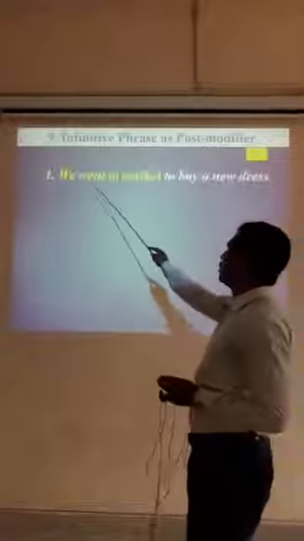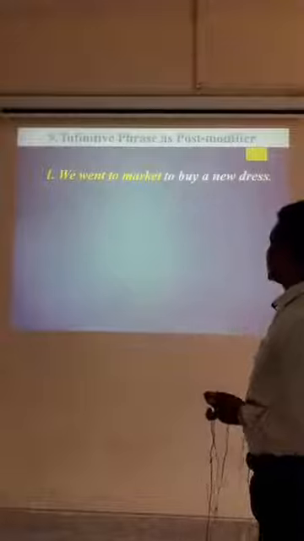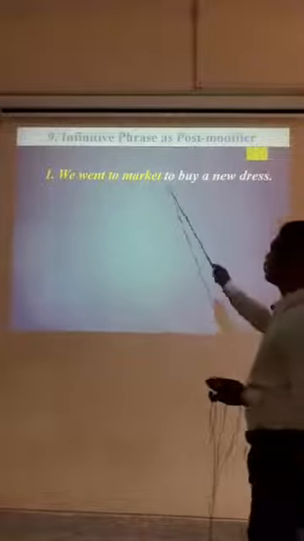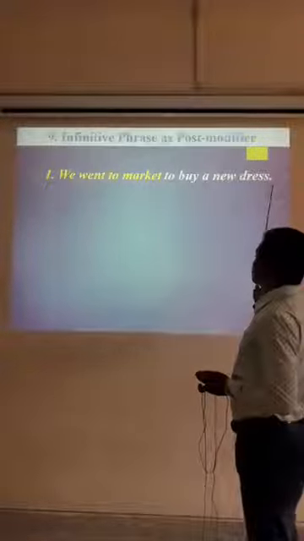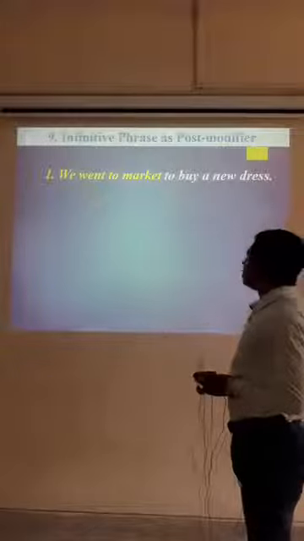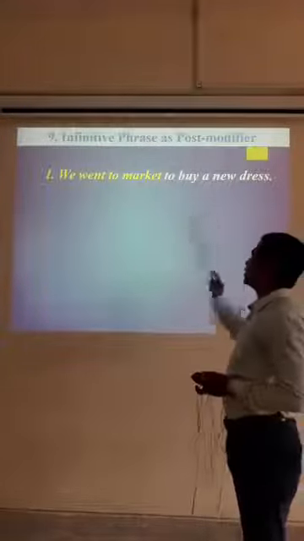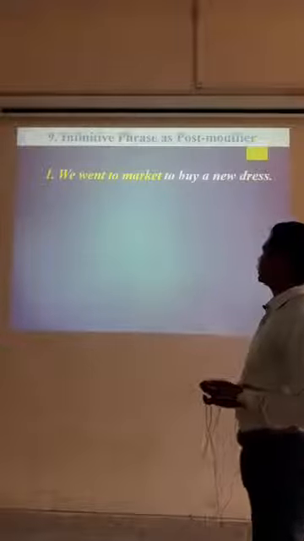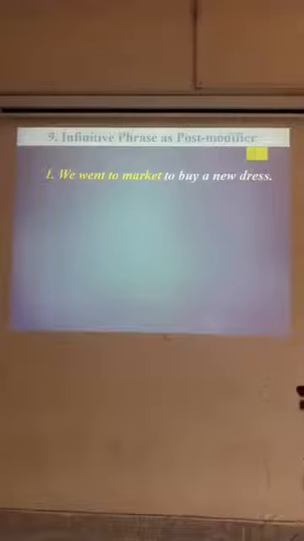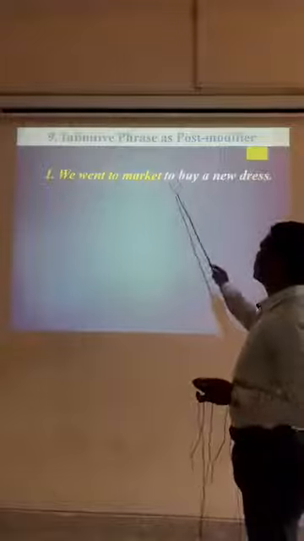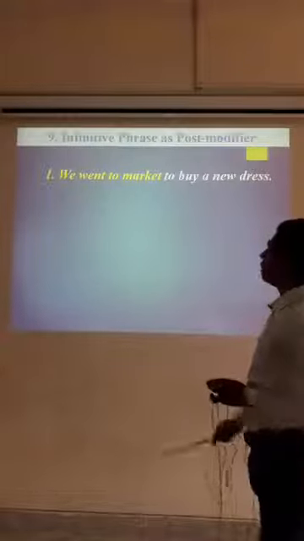Now number 9, infinitive as post modifier. We will see infinitive as post modifier. Number 1, we went to market to buy a new dress. To buy a new dress is an infinitive phrase. It indicates the purpose of the sentence.